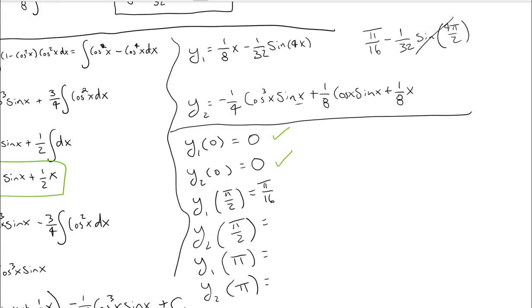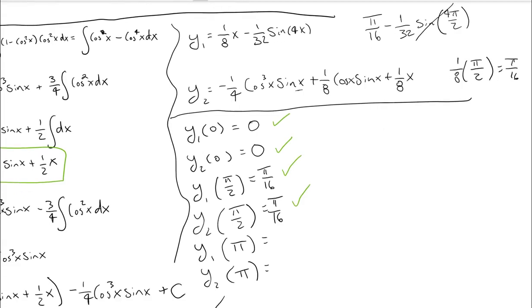If we plug that into the one down here, we would get something times cosine of pi over 2, which would be 0, and then plus something times cosine of pi over 2, which is 0, plus 1/8 times pi over 2, which is pi over 16. So we can write that right here. And we can say, okay, both of those are the same.